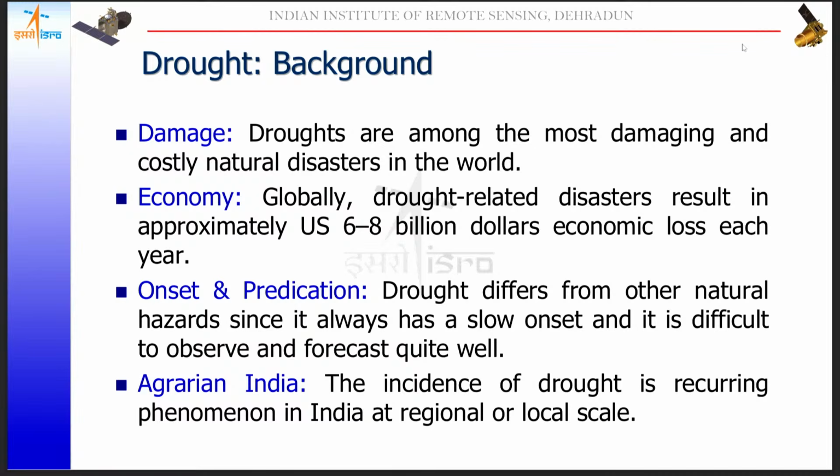But first, let us define how we can consider or say it is the onset of drought. I will give you an example which may give a clearer picture of the onset of the drought process. Let's assume I am a farmer doing crop cultivation in the kharif or monsoon season on my farm, roughly around the 15th or 20th of June.